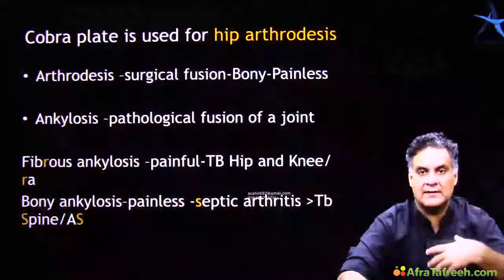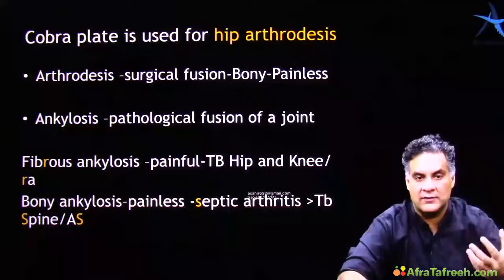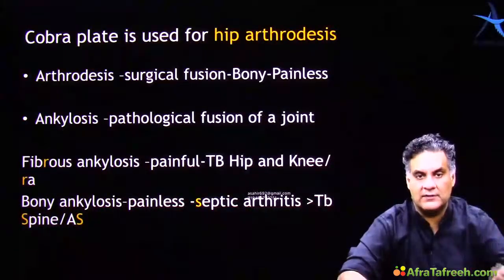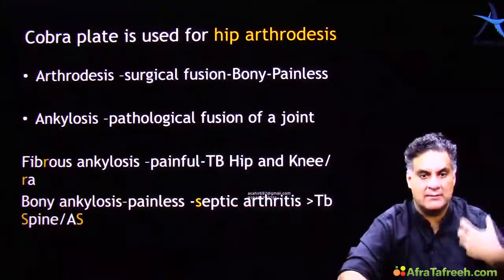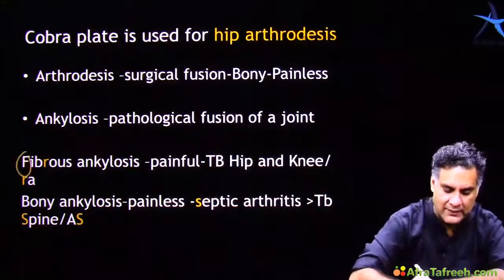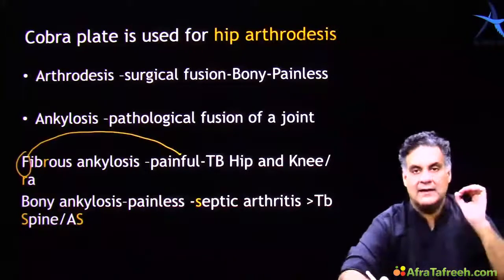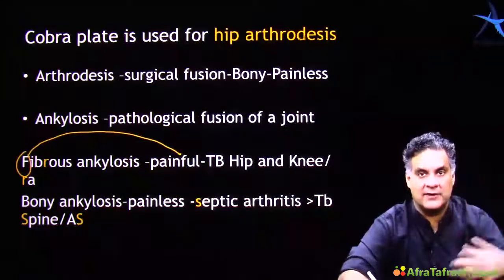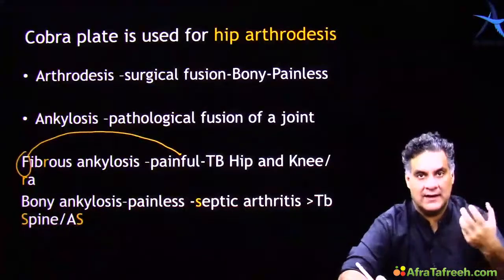When you look at the outcomes of joint disorders, you can have ankylosis, which is a pathological fusion of a joint. It can be fibrous, which is painful, because fibrous has F and painful has F in it, and it is seen in tuberculosis of the peripheral joints and RA.